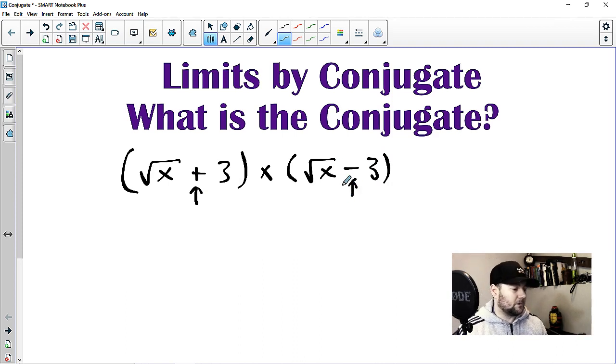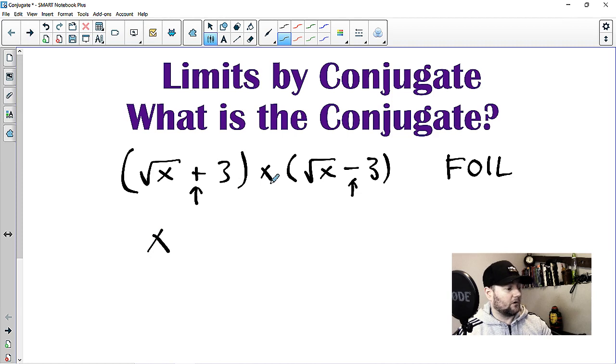So in doing that, you create this FOIL situation: first, outside, inside, last. But in reality, you do not have to do the full first, outside, inside, last. Let's just go through this and see what happens. Root x times root x gives me just x.